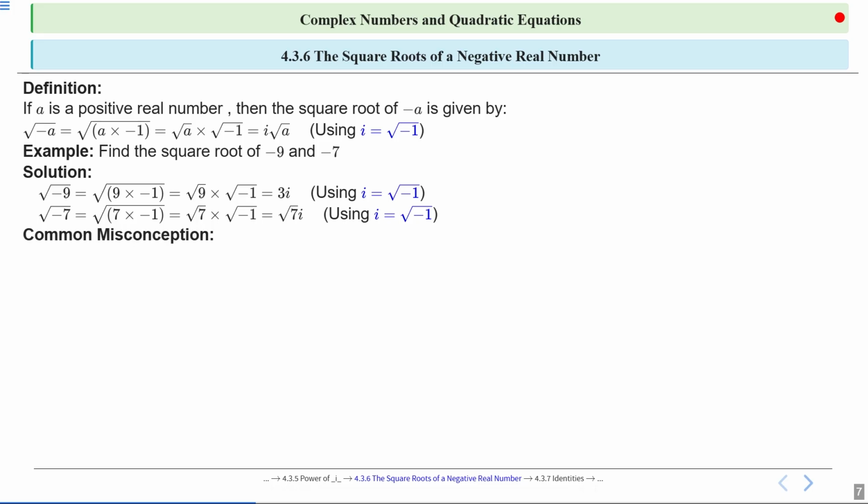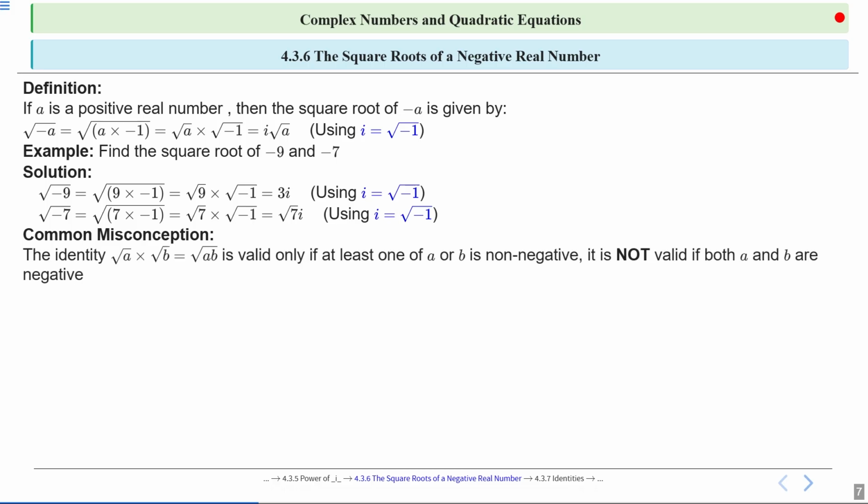Now let's address a common misconception. Many students think that the rule square root of a times square root of b equals square root of ab always works, but that's not true when both a and b are negative. It's important to know when this identity is valid.